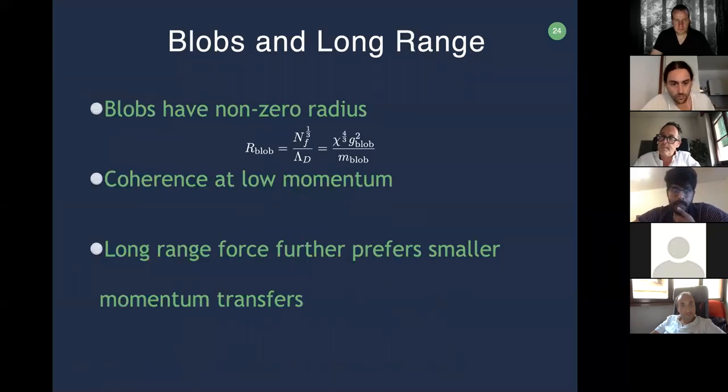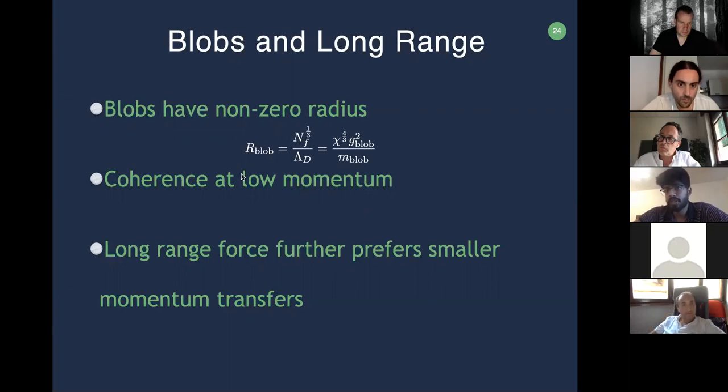Okay. So some more facts about the blob. The blobs have non-zero radius, because after all, nuclei have non-zero radius. And as we know, they scale like 1 over lambda QCD, in this case 1 over lambda dark, where the confining happens, and N_F to the 1/3, where N_F is the number of fermions inside this blob, right? And what this implies is that just like the Helm form factor, when we do dark matter nuclear scattering, if we are doing blob scattering with a neutron, there is only coherence at lower momentum.